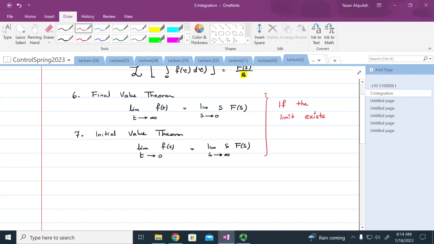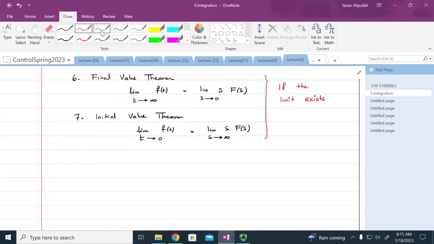Will anybody remember that? Wasn't it in signals and systems or something? It's everywhere. It did not change since they introduced it. But always, when you see the final value theorem or initial value theorem, the first thing that should come to your mind is, I have to be careful when I use it. I can only use it if the limit exists.